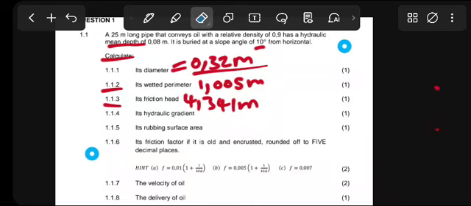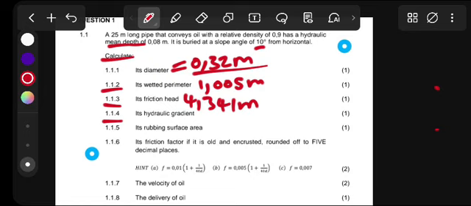Now we want 1.1.4, its hydraulic gradient.